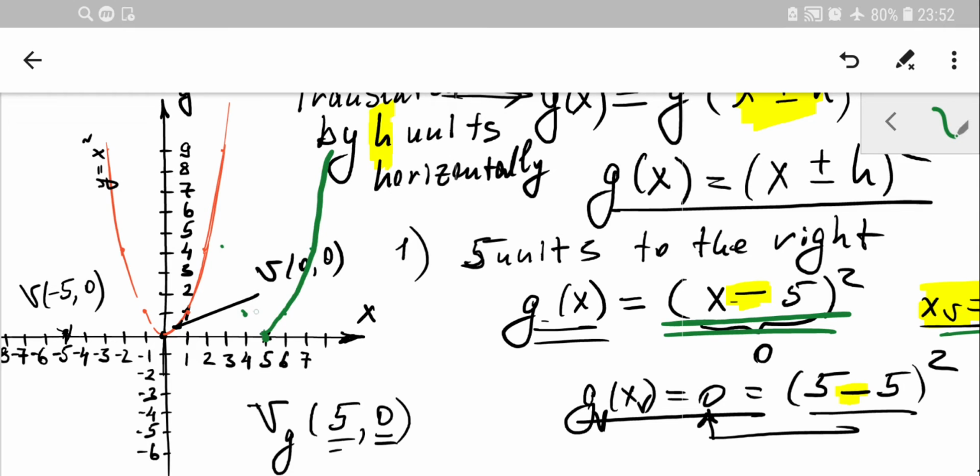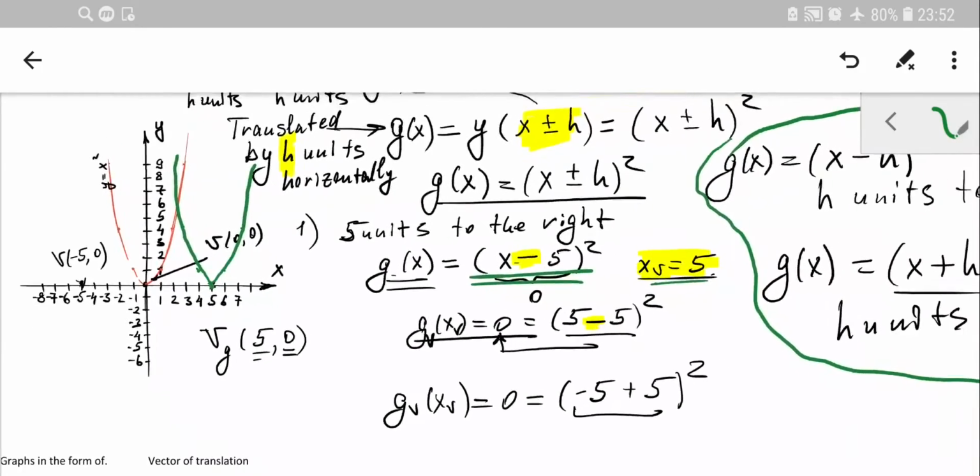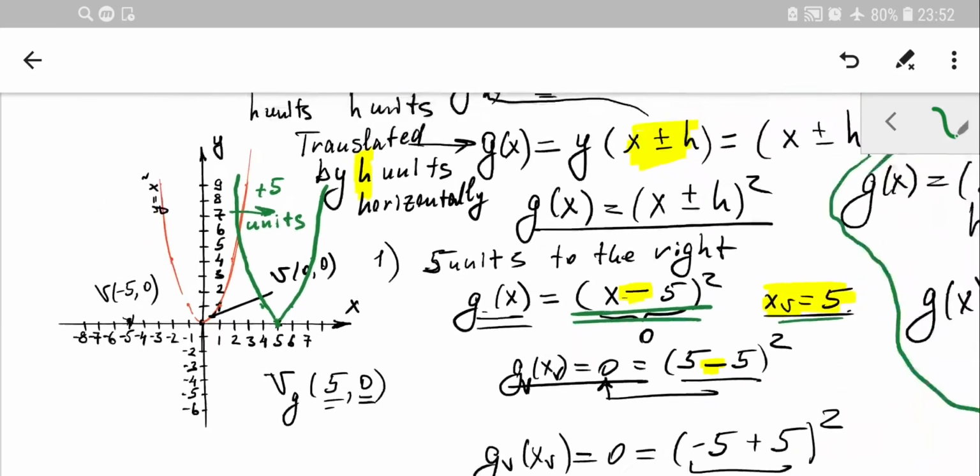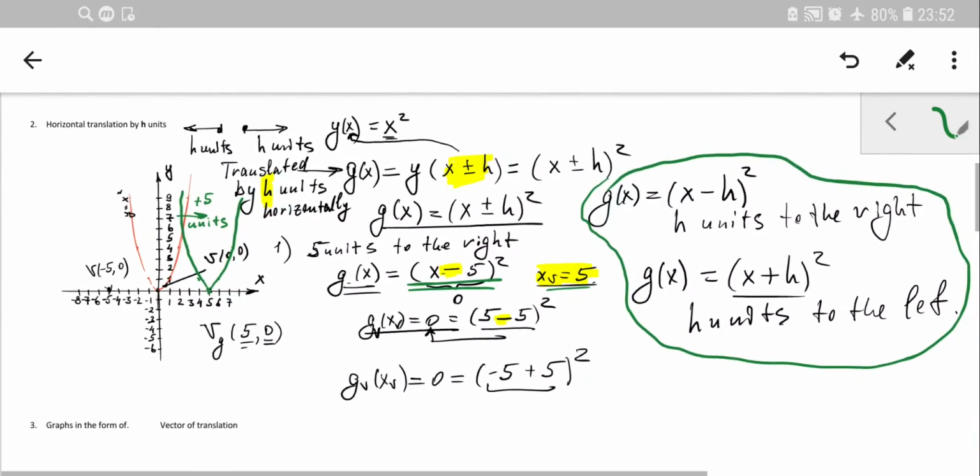All right, that's your parabola with no change in form. It was shifted h units to the right, in this case 5 units to the right horizontally. Make sure you understand that.